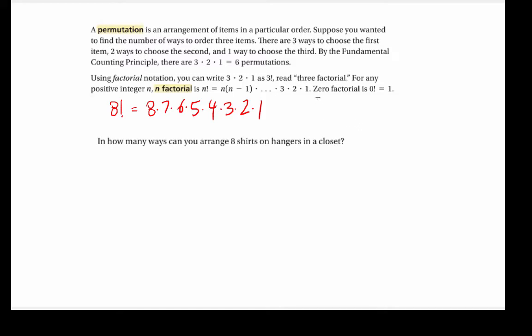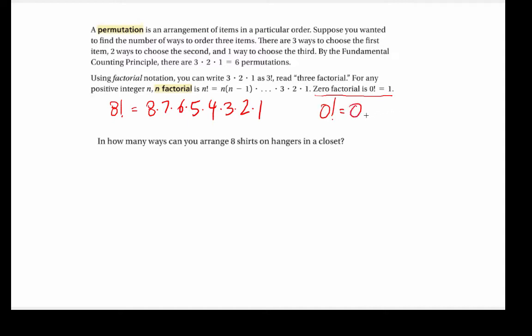Okay? An interesting little item here. We are going to go ahead and define 0 factorial to be 1. If you think about 0 factorial in the sense of the definition here, it says to multiply everything from here down to 1.